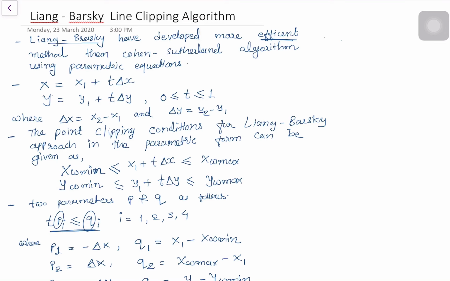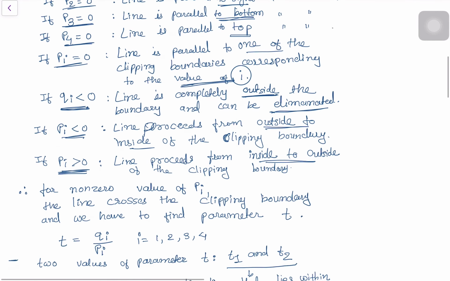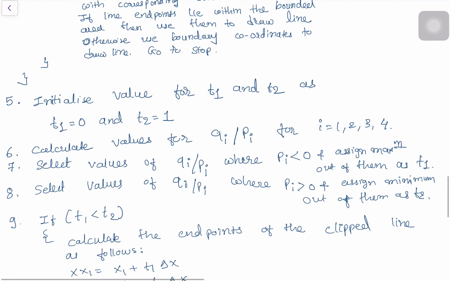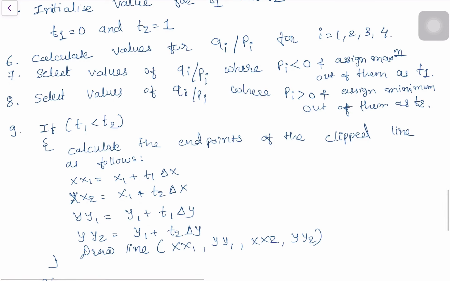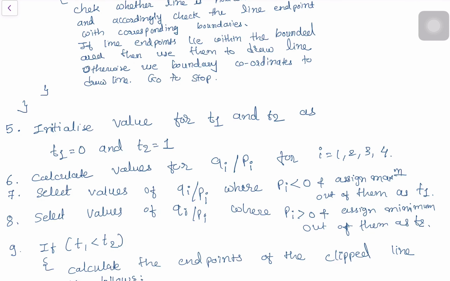It is a more efficient method than the Cohen-Sutherland algorithm. So this is the algorithm, and in the next lecture we will see an example of the Liang-Barsky algorithm. Thank you for watching.